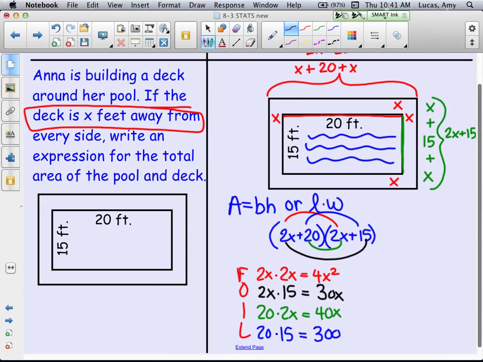Now I can combine my like terms. So my final area of the pool and deck, 4x squared plus 70x plus 300 units squared.